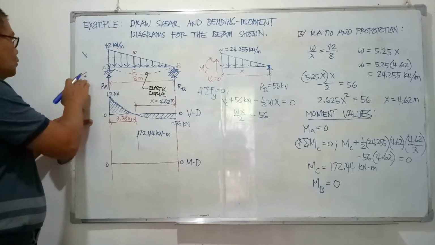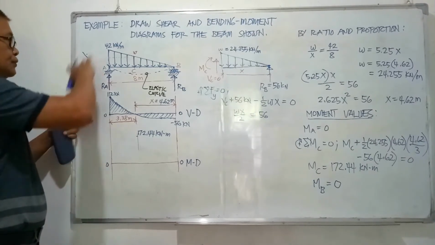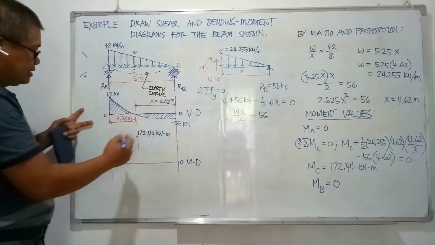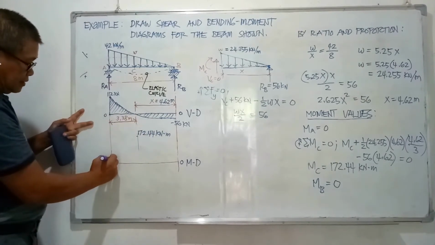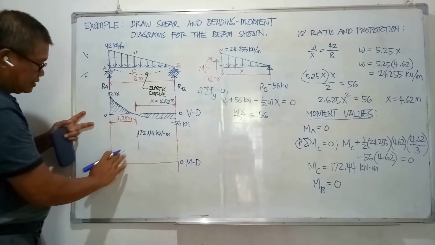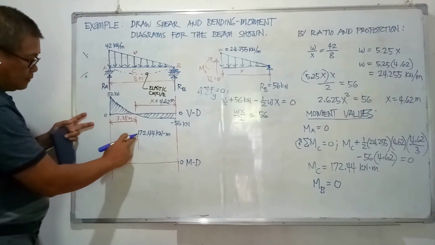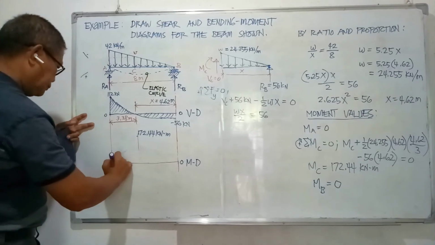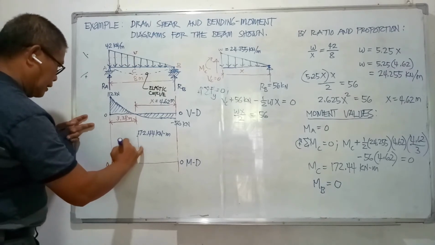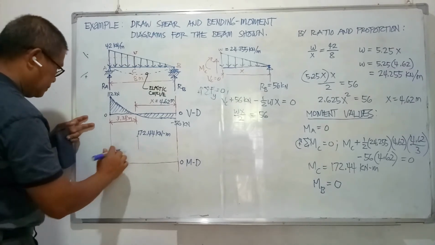A positive slope is from lower left to upper right, and it gradually decreases from maximum here. Maximum is vertical, and then it gradually decreases to 0 at joint C. So the behavior of the moment diagram is positively decreasing.